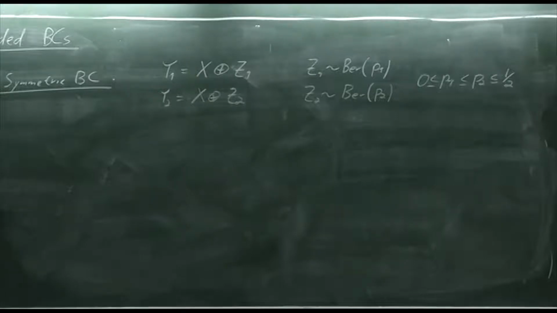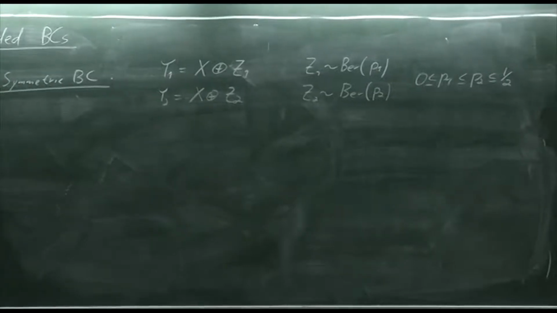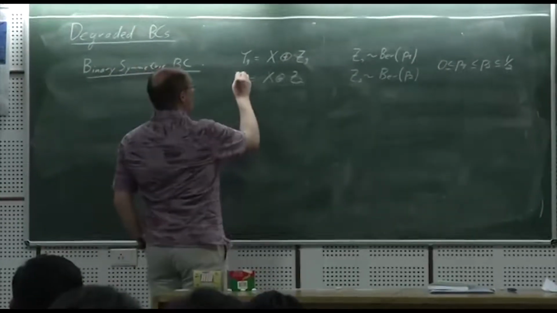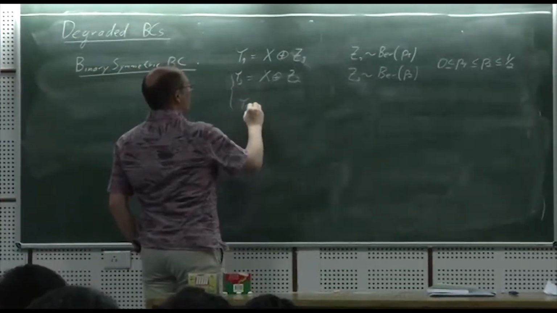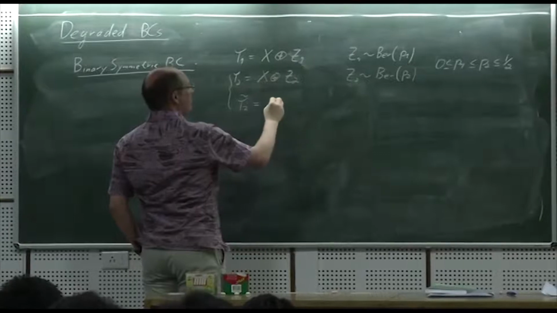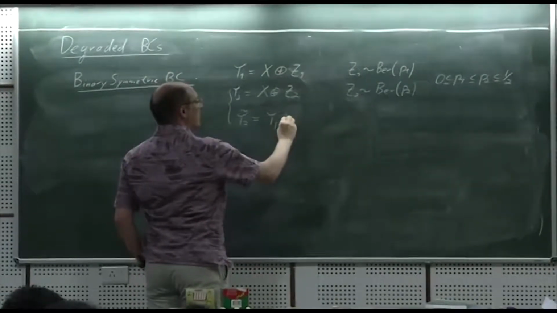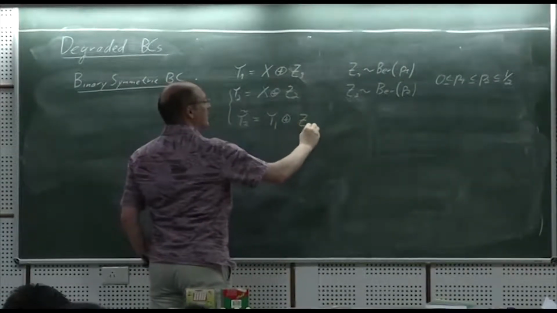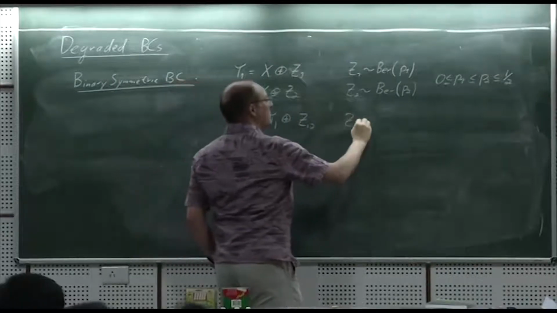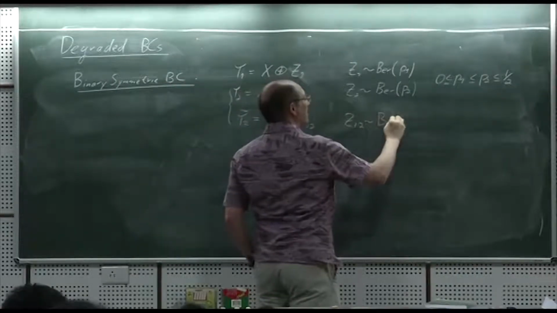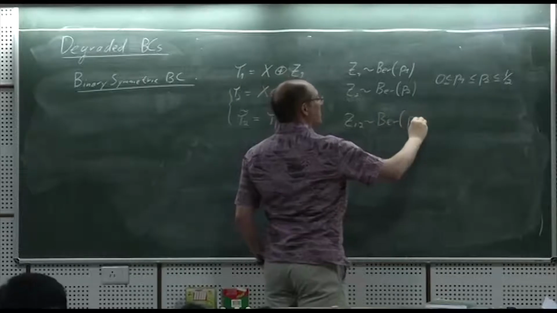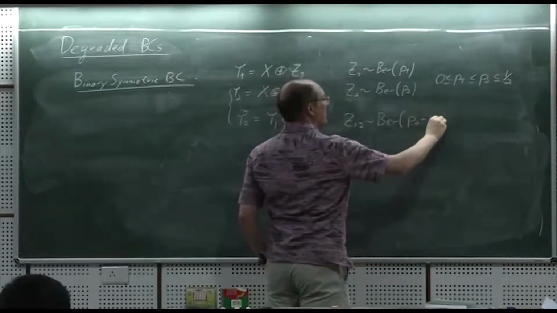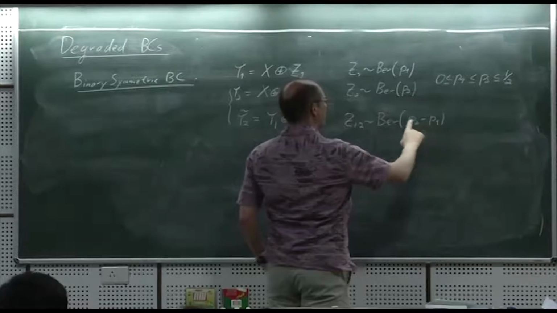It's the first question, and the answer is yes, because I can come up with a different y2, let's call it y2 tilde, which is y1 XOR z12, where z12 is Bernoulli p2 minus p1. I have to be careful if I'm doing this right.